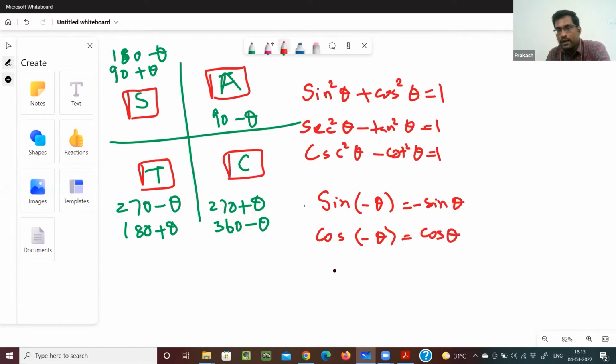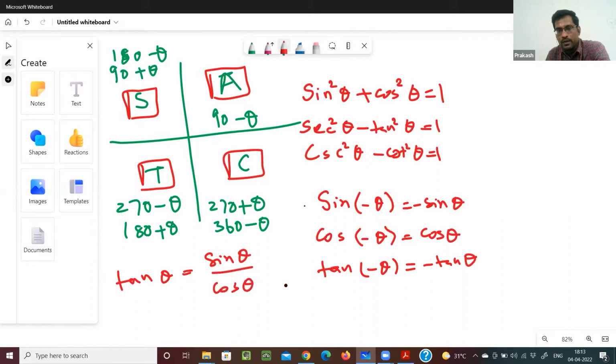Similarly, we can write tan of minus theta is minus tan theta, right? Because we know tan theta is sine theta by cos theta. Similarly, cosecant of minus theta is also minus cosecant theta.